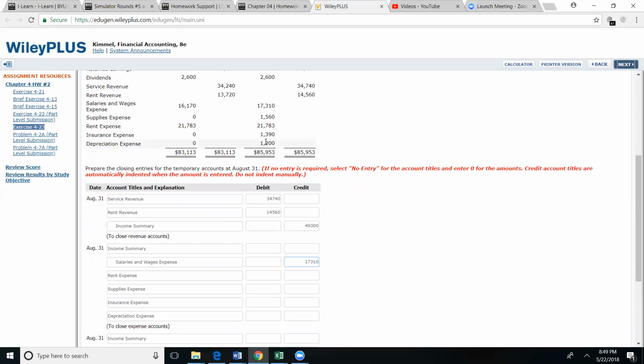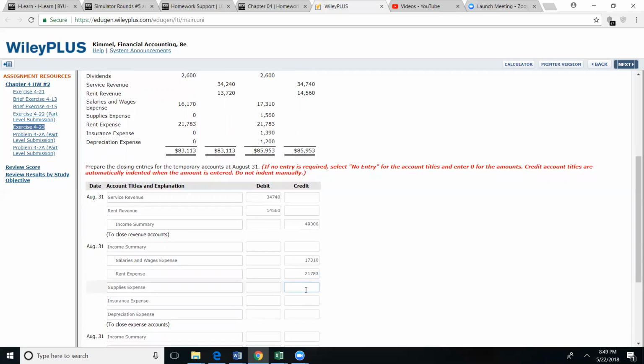And then the rent expense is $21,783. Next we have the supplies expense, which is $1,560. The insurance expense, which is $1,390.